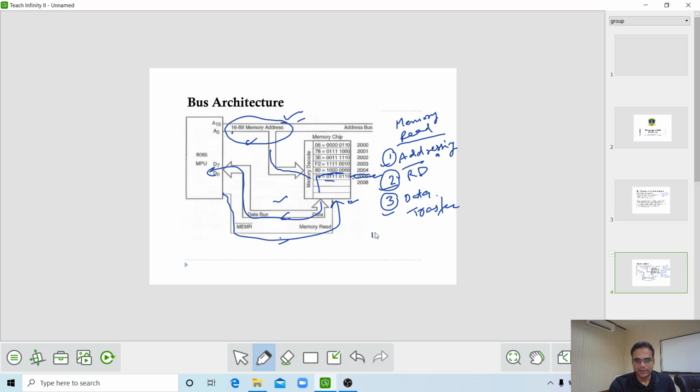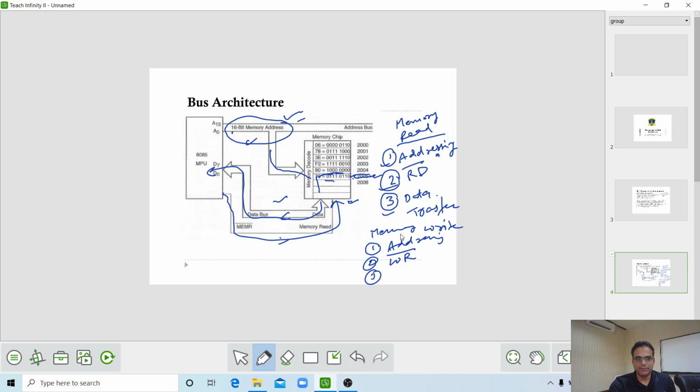Suppose the CPU or microprocessor wants to perform a memory write operation. The steps will be similar. The number one step, as we have seen, is addressing. So addressing will be done. Next step, the write signal.